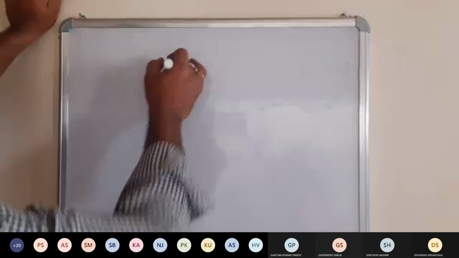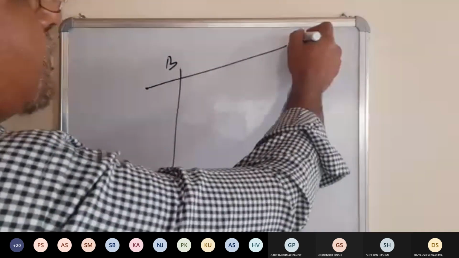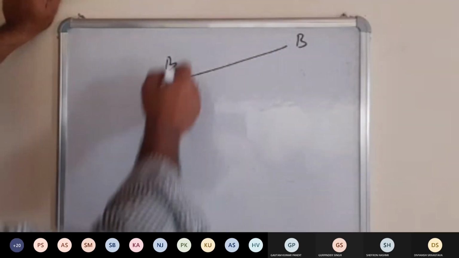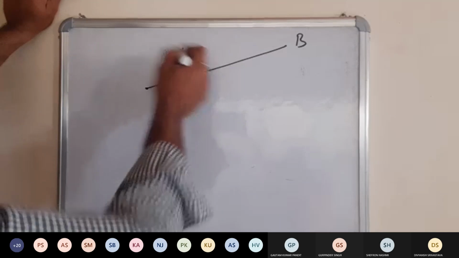What we said is that we have the initial course AB, we have the final course BC, we have the angle of alteration which is theta.